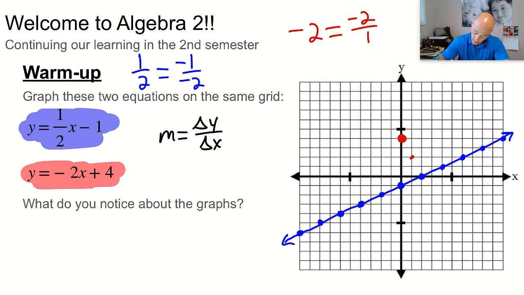So down 2 and to the right 1. Down 2 and to the right 1. And another way to understand that is to have a 1 over -2. And that says to go up 1 and to the left 2.